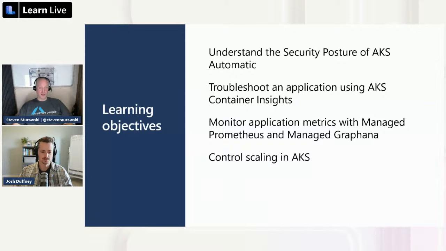You just have to configure them. AKS Automatic, it's automatic, right? That's the tagline there. We looked at tools we can use to troubleshoot applications on AKS, looking at using Managed Grafana and Managed Prometheus to look at some of our metrics. And then we talked about the tools that we have to control scaling. I think we hit everything that we wanted to today.